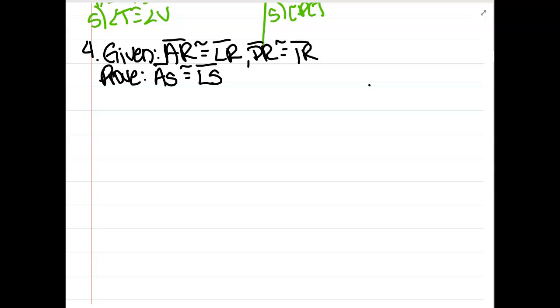Okay, here's what my diagram looks like. It's going to look like an isosceles triangle, and we're going to have intersecting segments in the middle. And then we need lots of letters here.